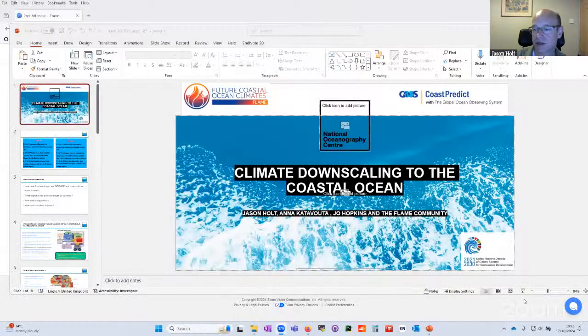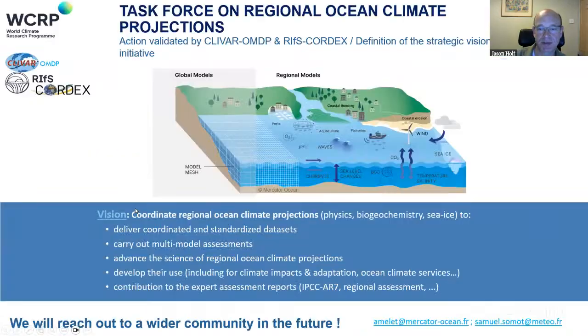I've got one last slide, so I will share my screen before we draw this to a conclusion. Let's jump to the end. This is basically to highlight another activity that's going on in this space. It's coming out of the World Climate Research Programme and the Climate Ocean Model Development Panel within that.